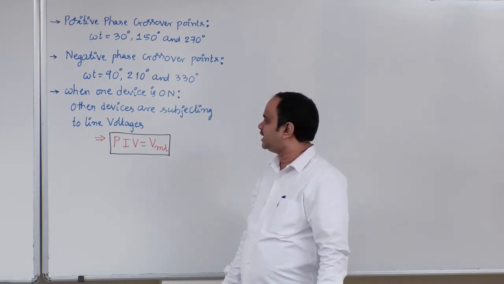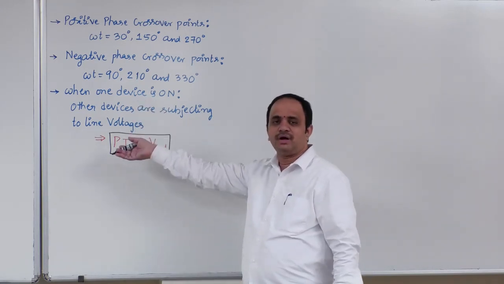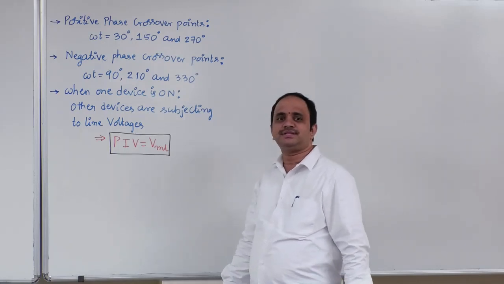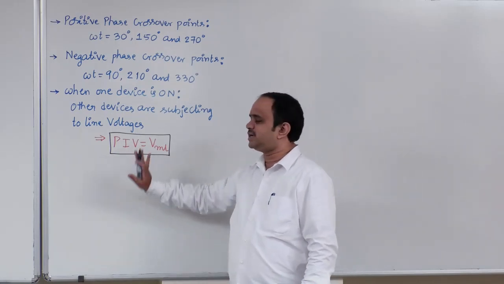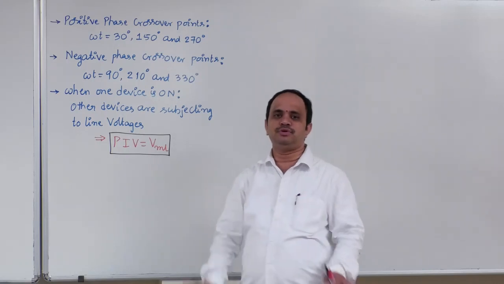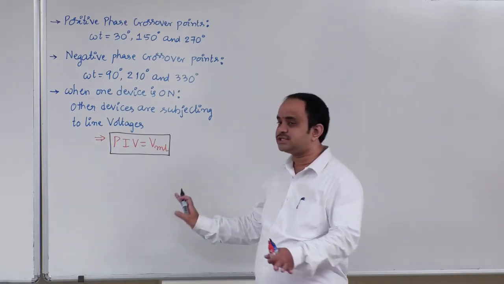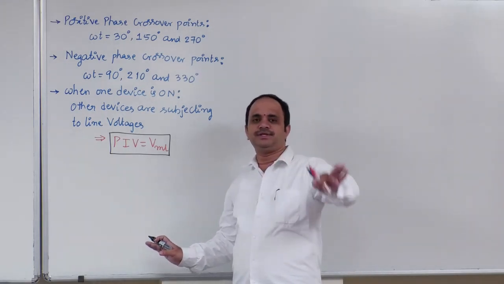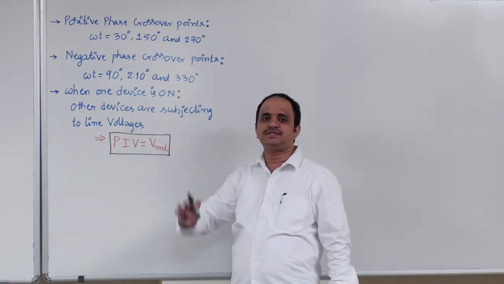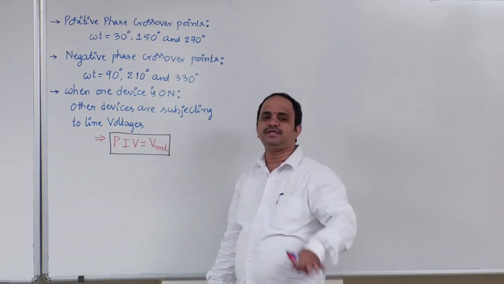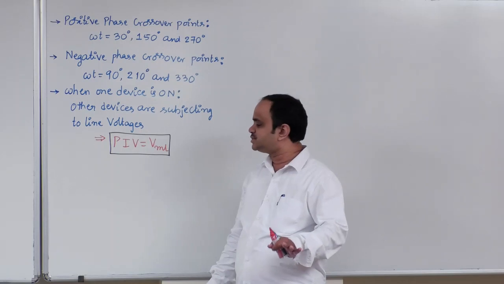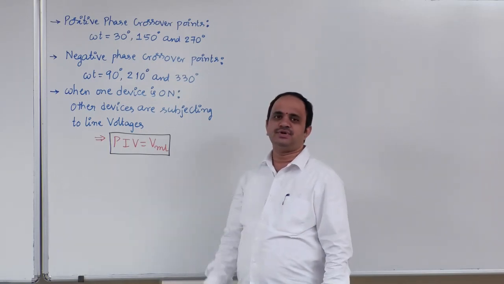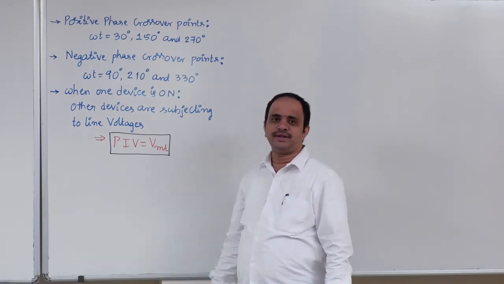At that time, we can draw voltage across devices also. I am not escaping, I am just postponing. In the later lectures, we will draw voltage across a device wherever line voltage information is available. At this stage, we have only phase voltage information. We will not draw at this moment.